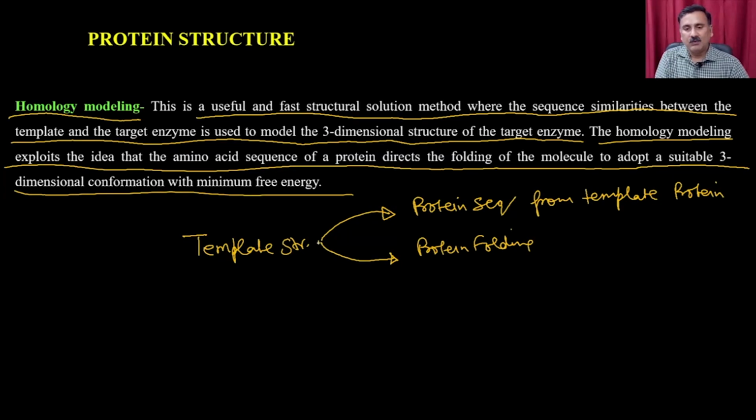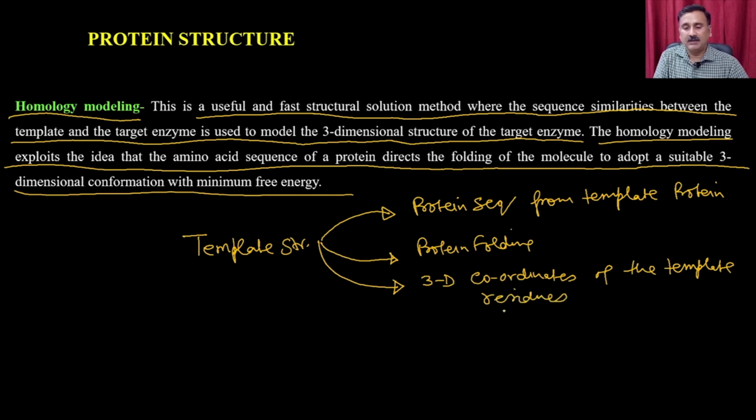This means once you know the protein folding, you get the 3D coordinates of the template residues, so basically it gives you the XYZ coordinates of the template residues, how the alanine, glycine, arginine, everything is present in this particular template structure, right.